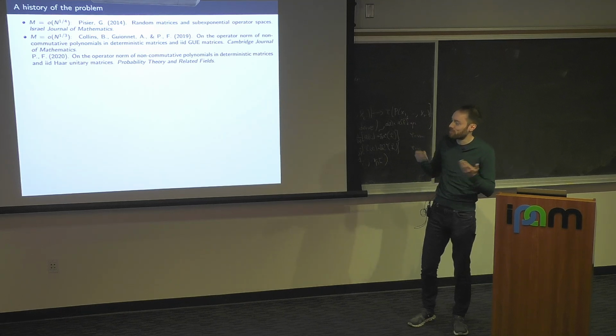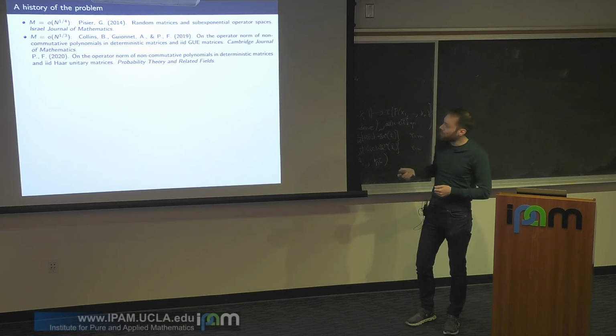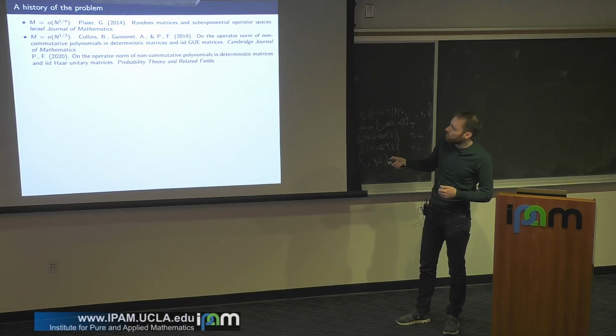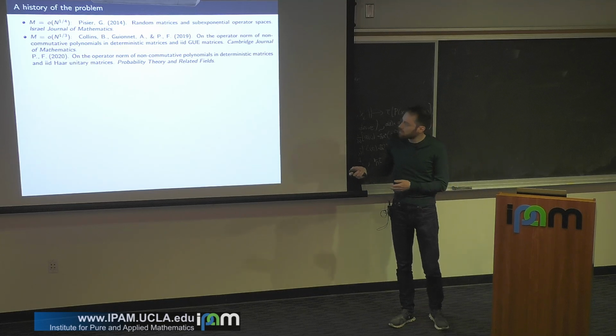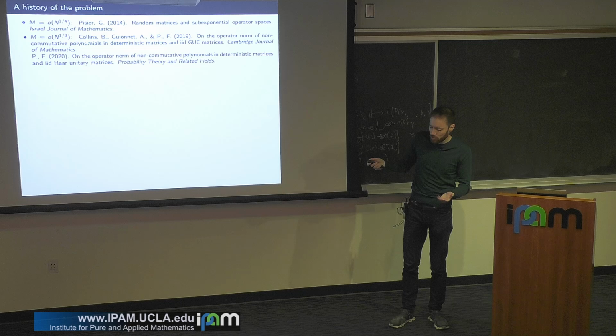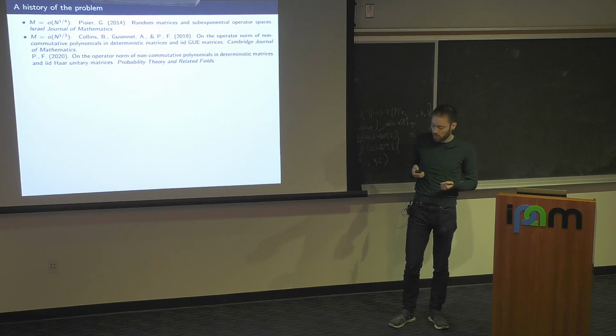So it has kind of come full circle. In this paper, we did the case of Gaussian random matrices. And then the next year, I did the same kind of dimension, but for the unitary case.